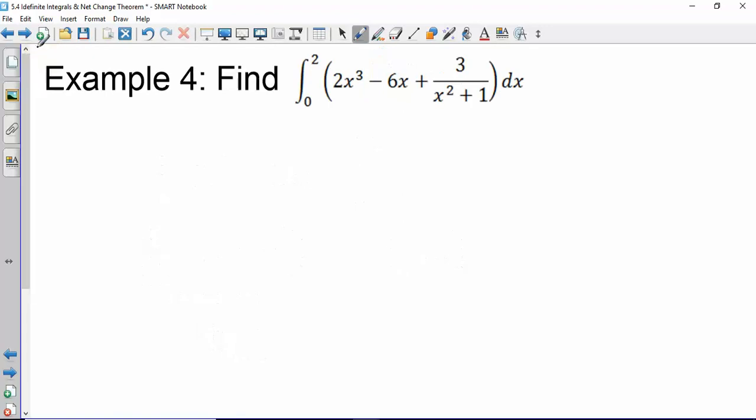Let's do an uglier one. 2x cubed, we can easily do the antiderivative of that. It would be 1/2 x to the 4th minus the antiderivative of 6x, 3x squared, plus 3 over x squared plus 1.